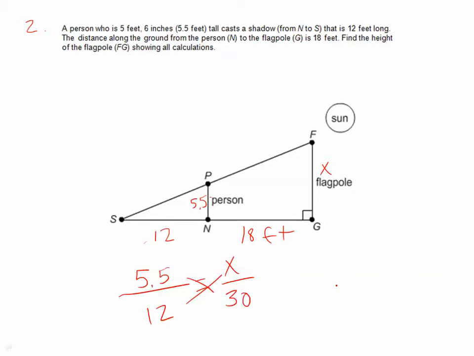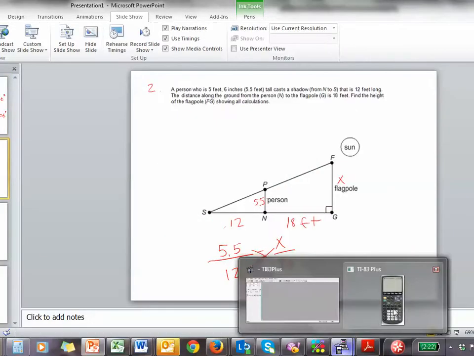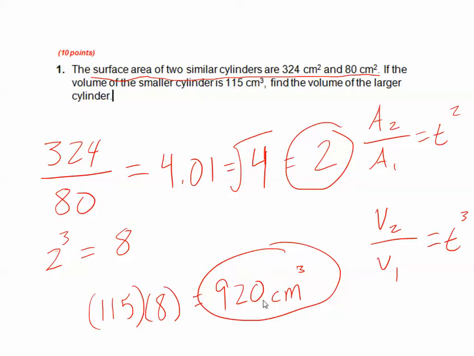Now you're going to cross multiply. You take 30 times 5.5. Again, I'm going to get my calculator. We take 30 times 5.5, and that gives us 165. Then we divide that by 12.